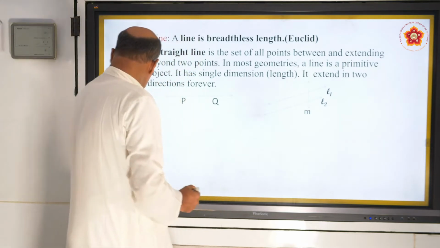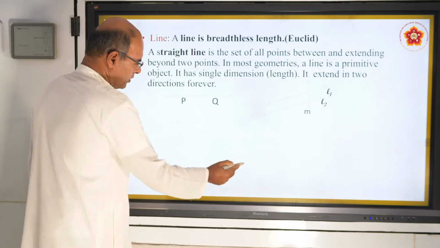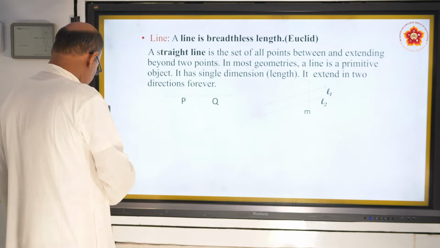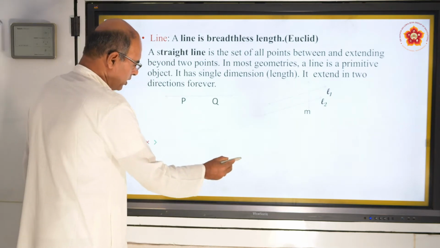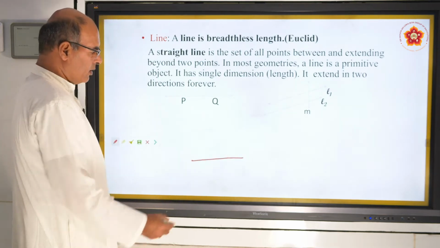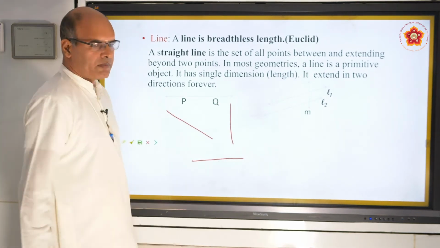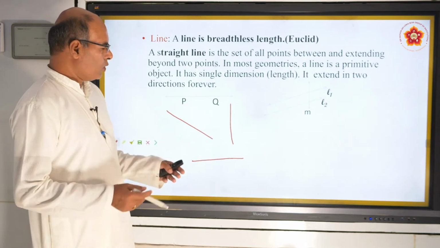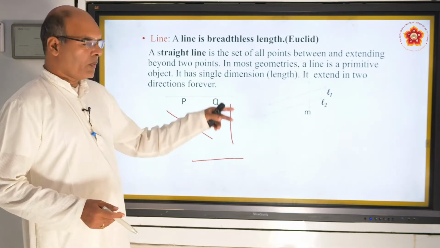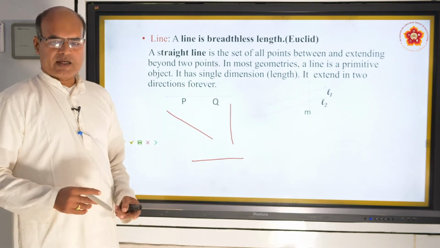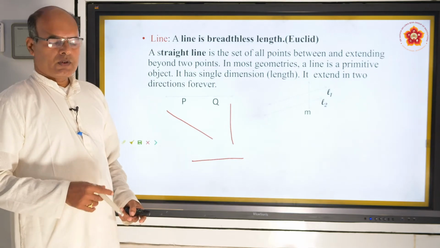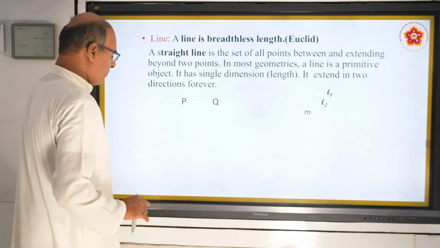Sometimes we call the line parallel to the table or parallel to the ground a horizontal line. This is called a vertical line, and this is called an oblique line. When we study two or more lines together, we have parallel lines and intersecting lines. Let us study the details later.